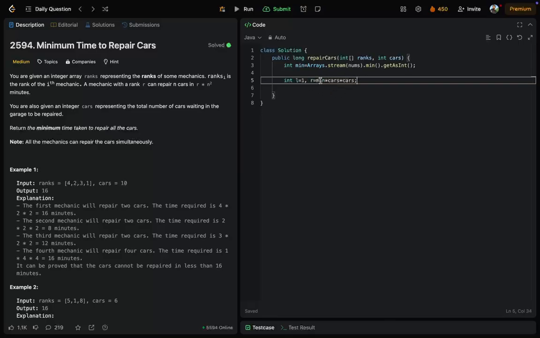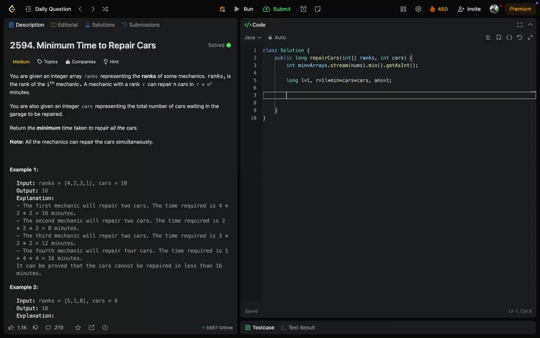But minimum and multiply cars can cause integer overflow, so I have to take long, and one long multiply, so now it is a long value. And let's also take answer. While l less than or equal to r, then long find the mid.